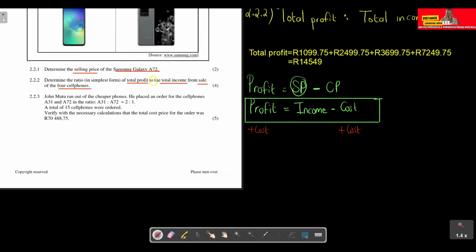Meaning, to get the total income, we say that the income is equal to the profit plus the cost. That is what we need to do to determine the total income.